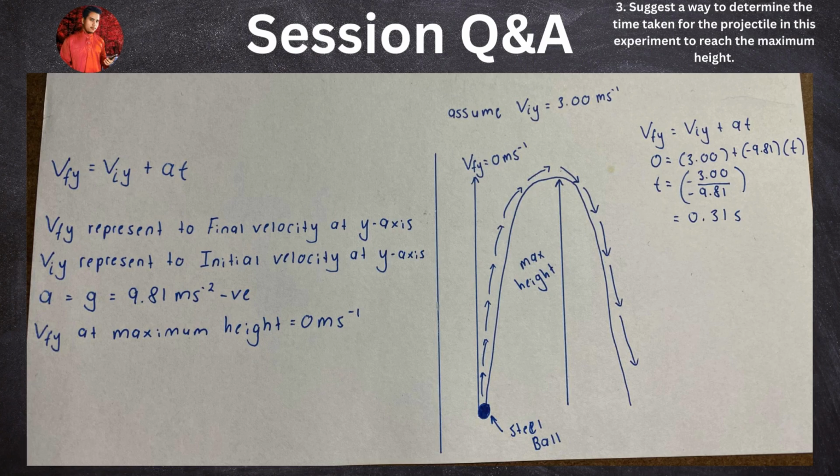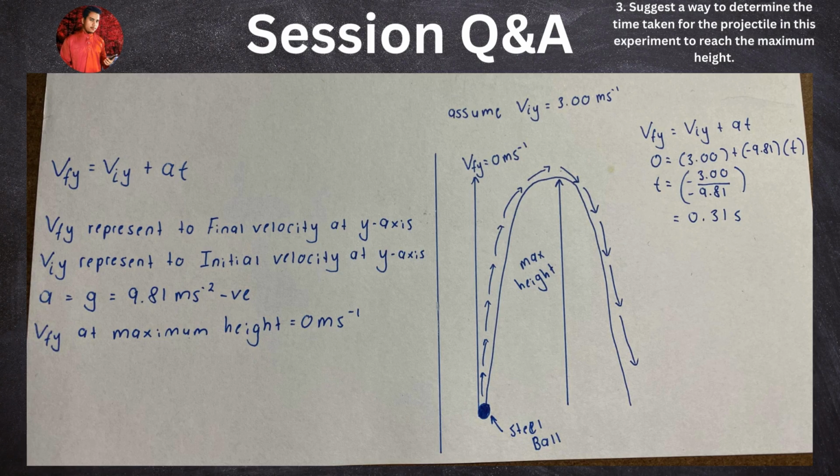So by using Vfy equals Viy plus gt, we replace a with g. Okay, so let's solve the formula.